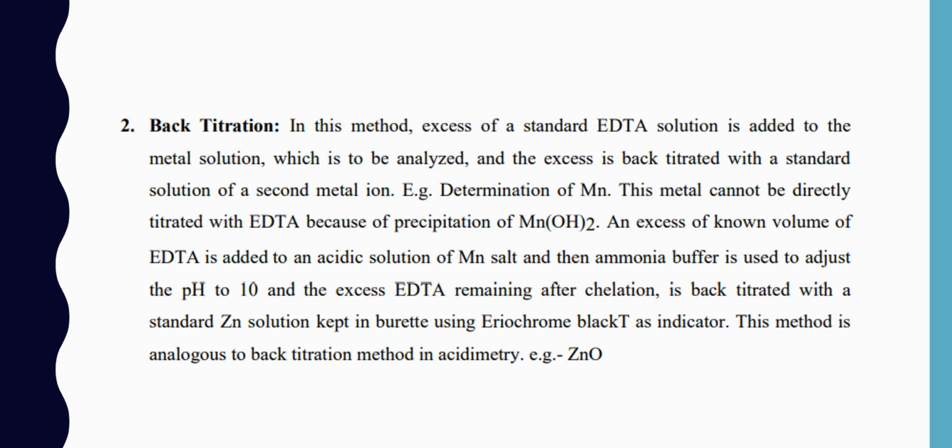So I will explain what they are trying to convey here in the back titration. For example, we have a metal A, and we are titrating this metal A with EDTA. The EDTA required to titrate this metal A is 20 ml, but they are adding excess of EDTA, that is 10 ml more.